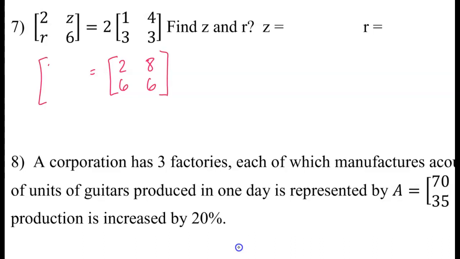So now that I've distributed, what do you think z is equal to?